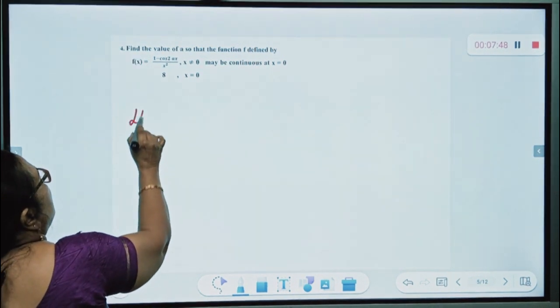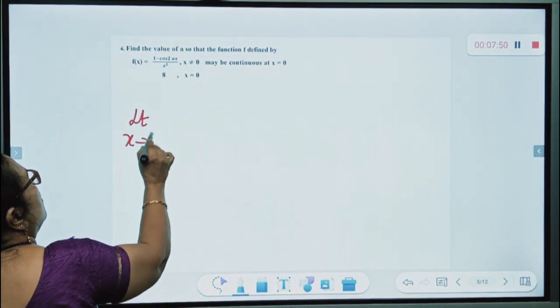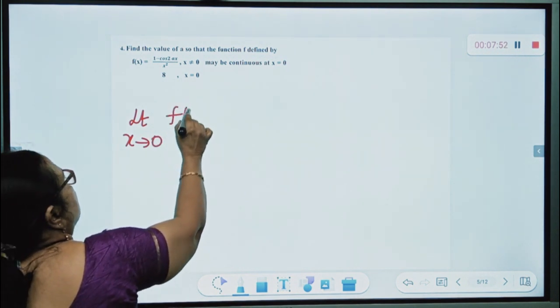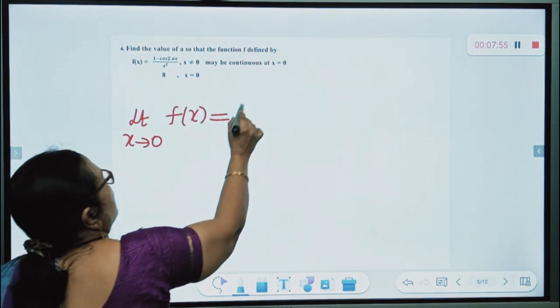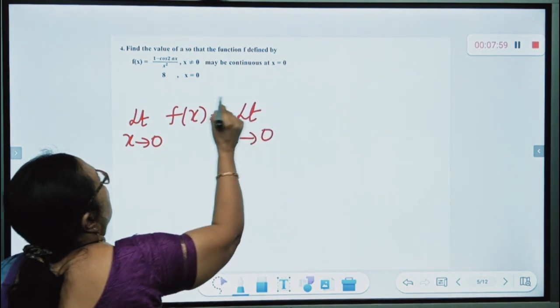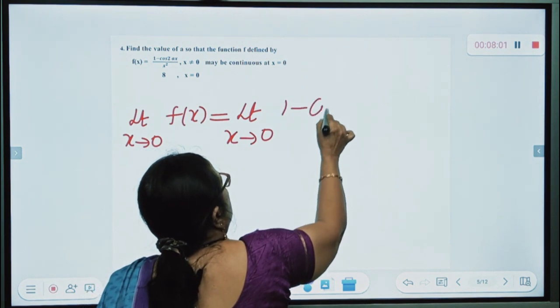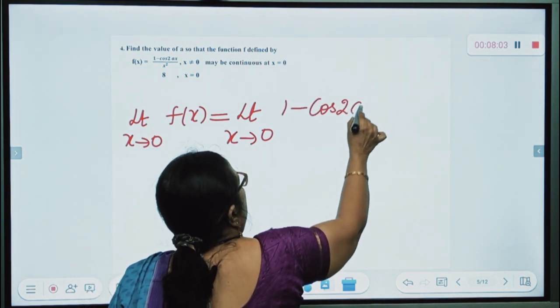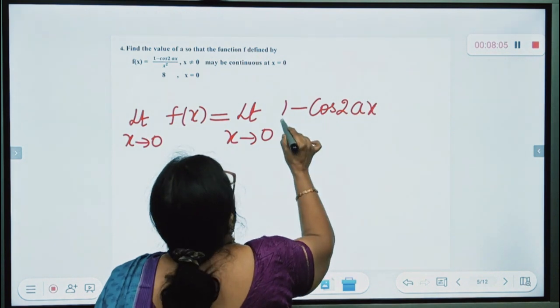Now limit x tending to 0 of f of x is equal to limit x tending to 0 of 1 minus cos 2ax by x square.